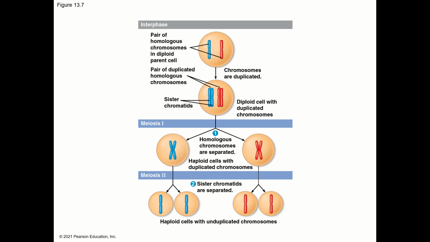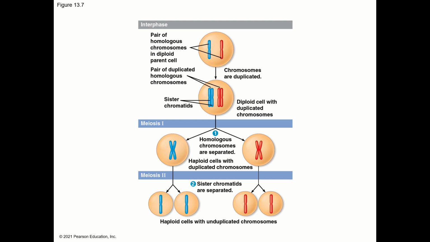Here we see interphase, with a pair of homologous chromosomes in the diploid parent cell. Those chromosomes are duplicated, and a pair of duplicated homologous chromosomes come together, each homologous chromosome consisting of sister chromatids. The diploid cell with duplicated chromosomes then undergoes Meiosis I, where those homologous chromosomes are separated.